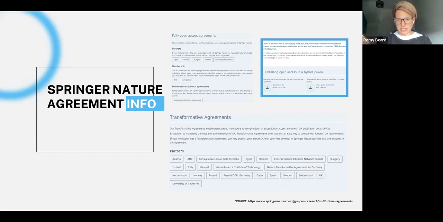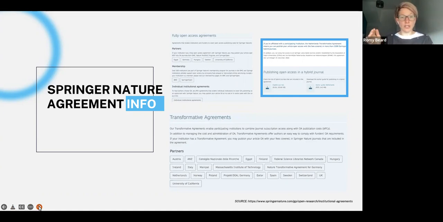And then it's split up by country, so you can select your country or the consortium that you're part of, and then you get to another page, the one with the blue box around it, where you can download a list of eligible journals in Excel, as well as an author guide, and in some cases a list of participating institutions if the agreement is a consortia agreement.